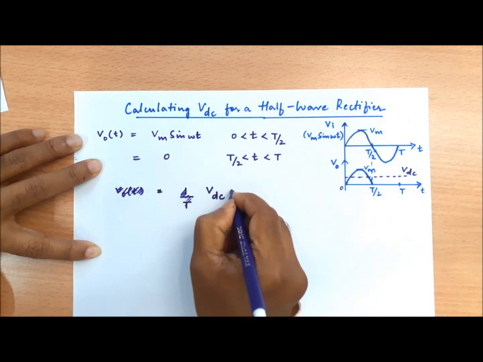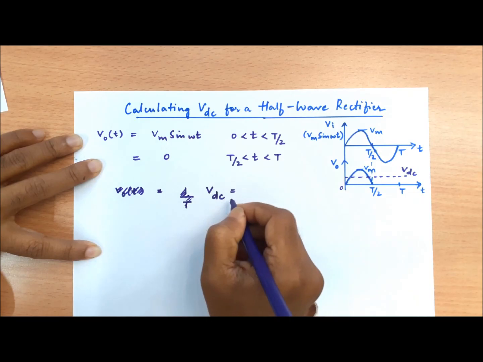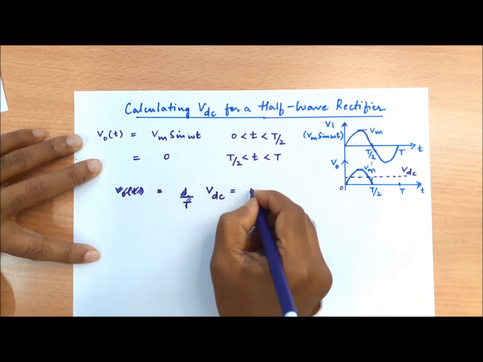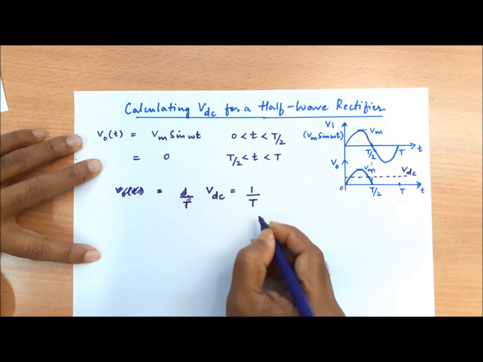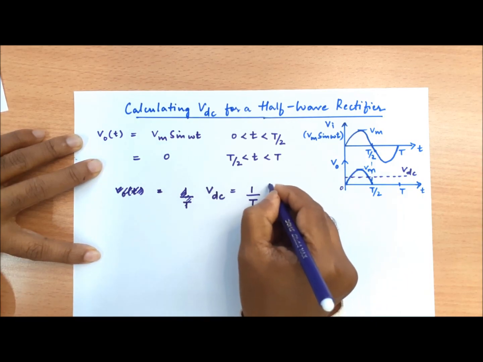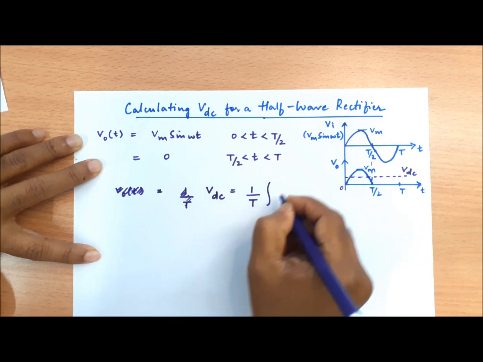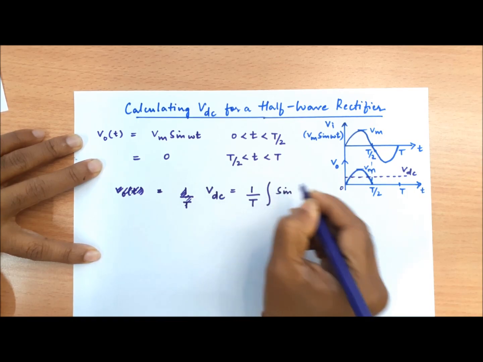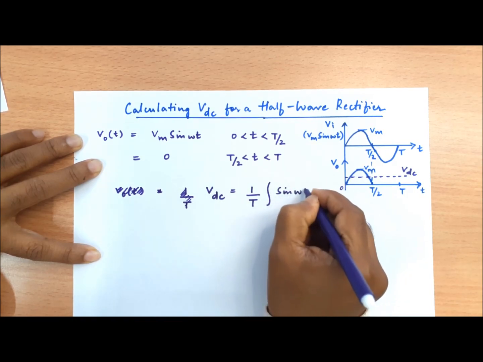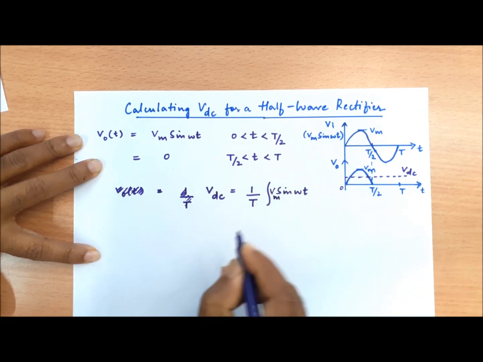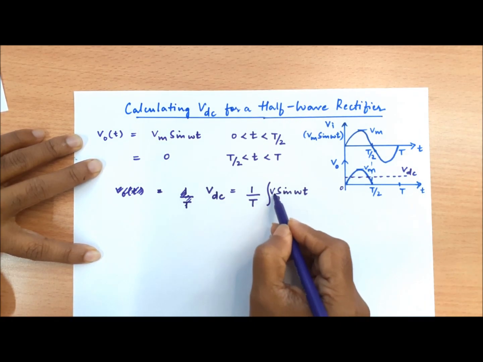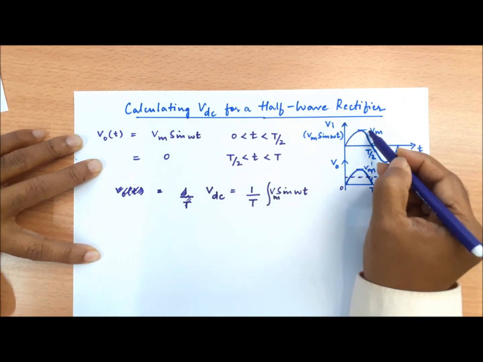VDC is equal to, because it is the average value, we'll have to write it this way: 1 upon T, integration of Vm sine omega t. What is Vm? Vm is the maximum peak voltage.